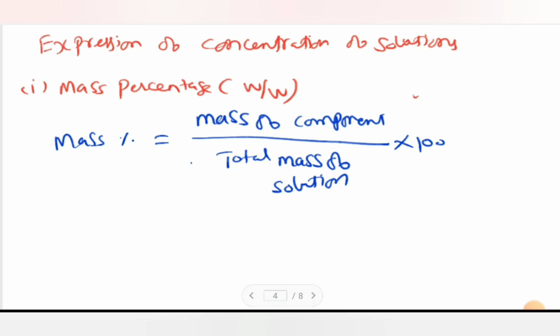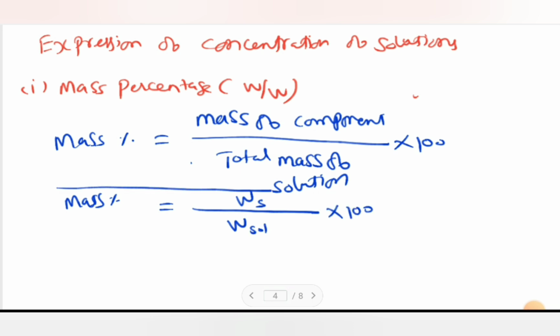In a simplest way, you can write like this: mass percentage is equal to weight of the solute, component is nothing but a solute, divided by weight of the solution into 100. This is the short way you can remember the concept.